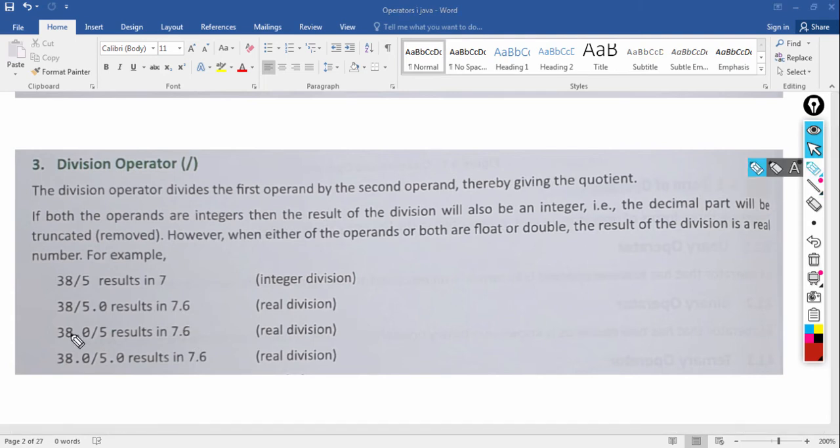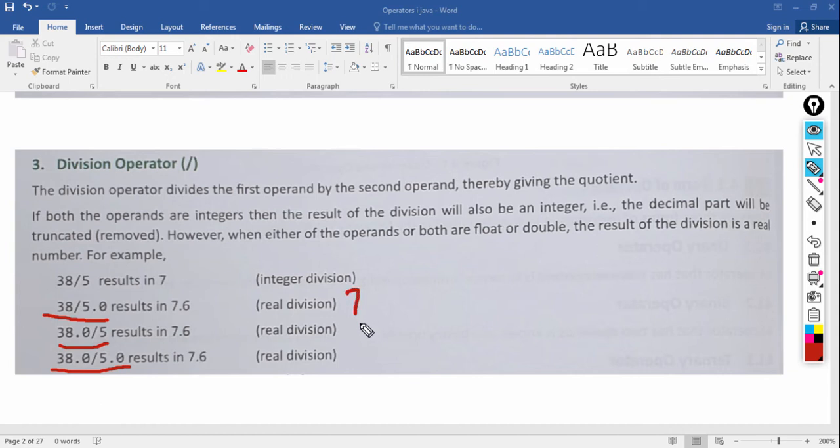But in the second case, we have got 38 divided by 5.0. In the third case, we have got 38.0 divided by 5, and the final case is 38.0 and 5.0 division.